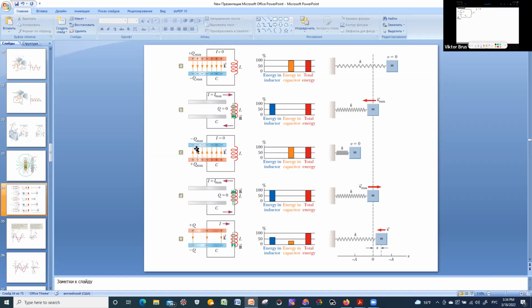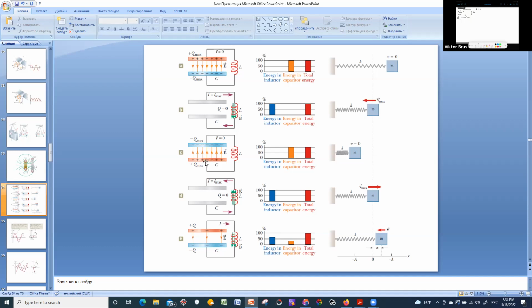And then again, after fully charging this capacitor, there will be discharge of the capacitor, and the associated discharging current will now flow in a different direction than initially. Initially, because of plus minus polarity, it was going clockwise.